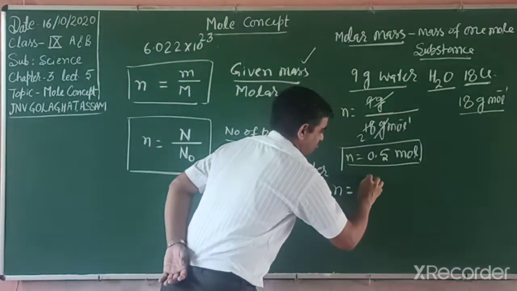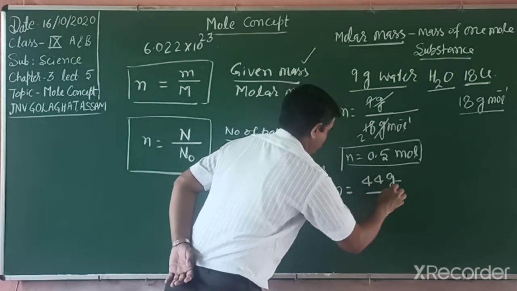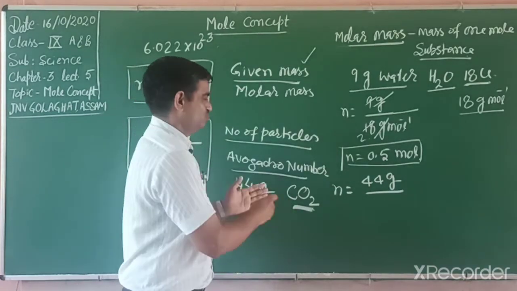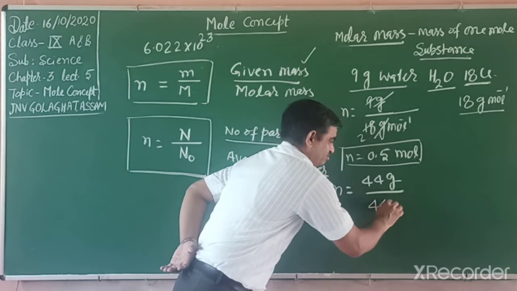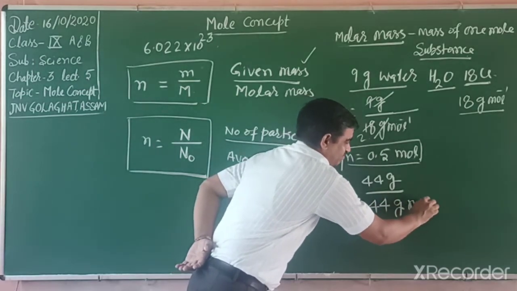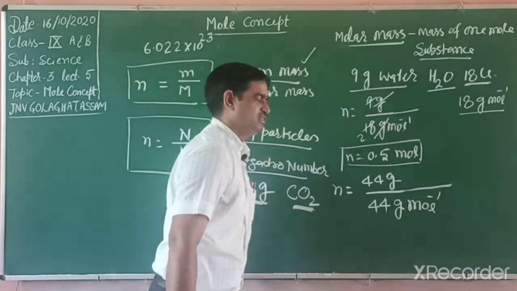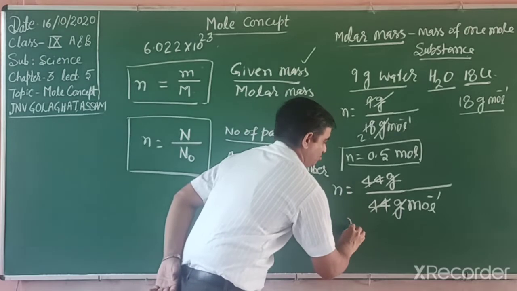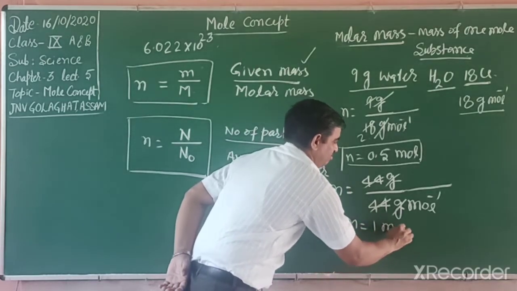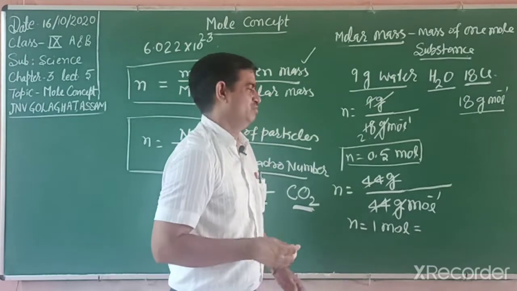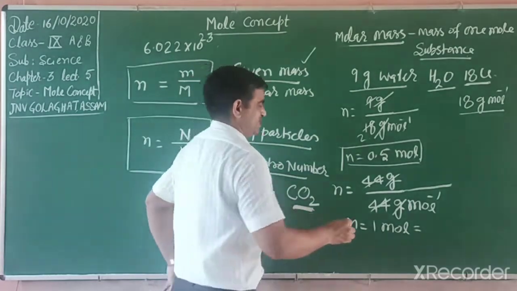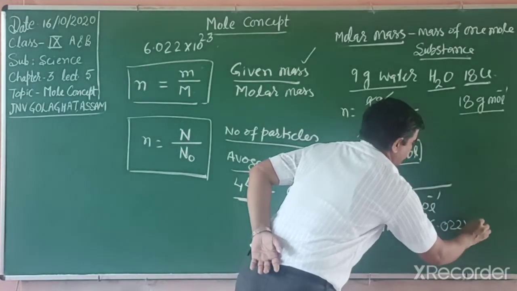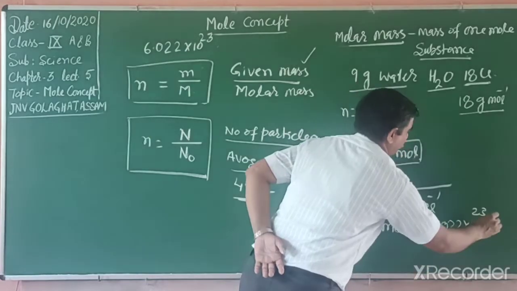Given mass is 44 gram, and for molar mass, carbon is 12, oxygen 16, so the total mass is also 44 gram mole inverse. When we solve this, you will find 44 by 44, 1 mole. So n is equal to 1 mole, and in 1 mole we know the number of molecules of carbon dioxide is 6.022 × 10^23 molecules of carbon dioxide.